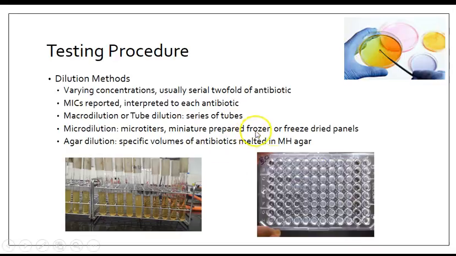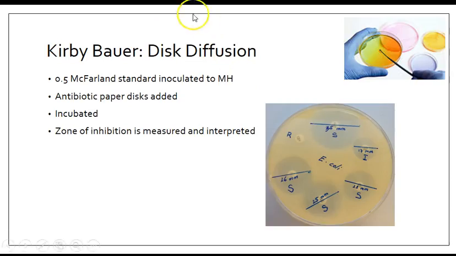These can be frozen or freeze dried, and there's some that are even smaller than this that hopefully you saw in clinical or will see. Agar dilution is when certain volumes of the antibiotic are in the Mueller-Hinton agar and you subculture the organism to it to see if it grows that way.